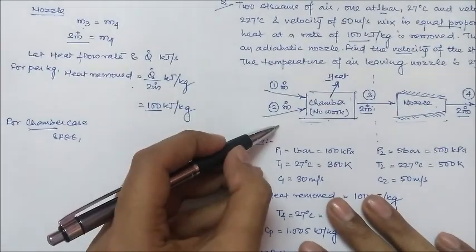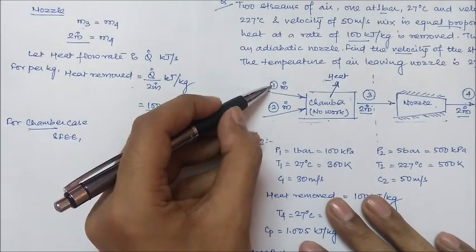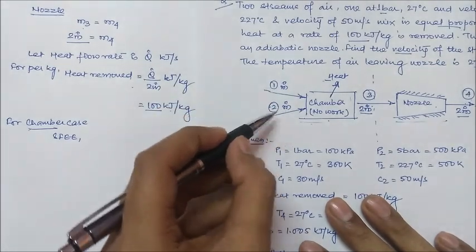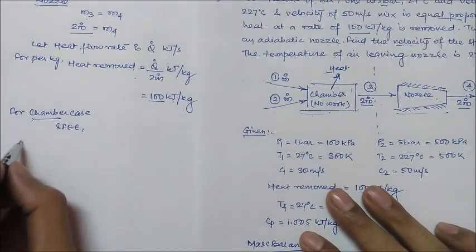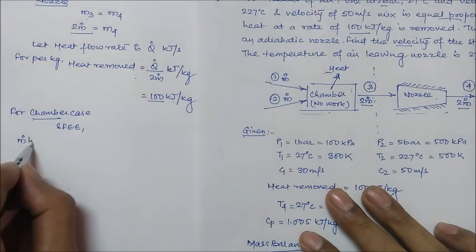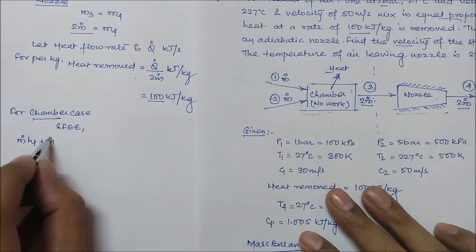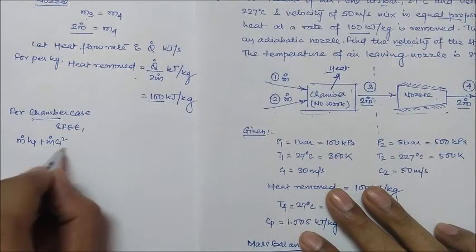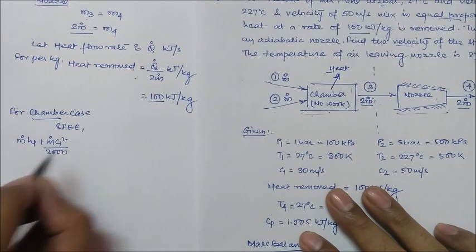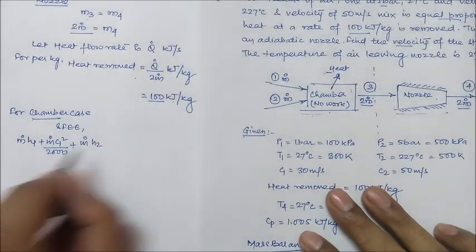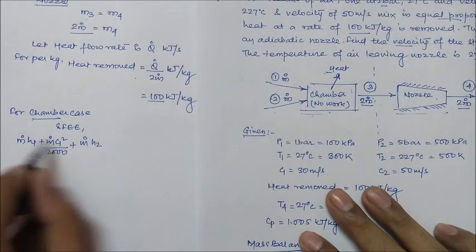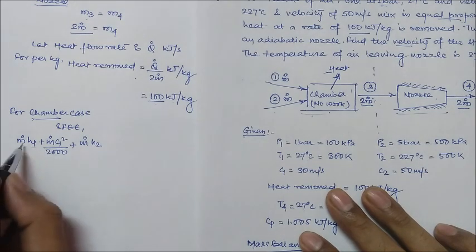So there are two streams, so energies for condition 1 and condition 2 we have to equate with condition 3. So m dot h1 plus m dot c1 square by 2000, and we have neglected potential energies, so we are neglecting potential energy for the stream at condition 1.